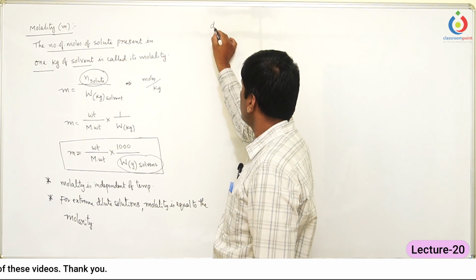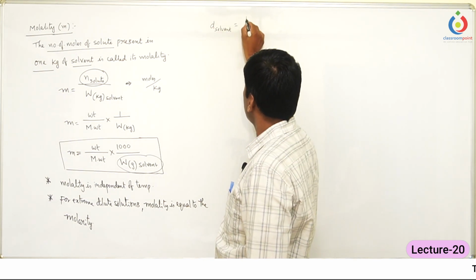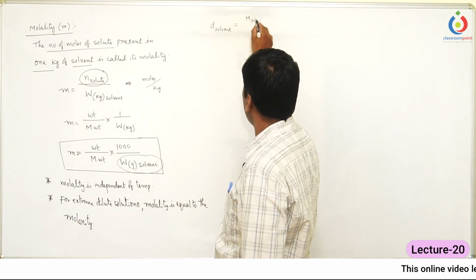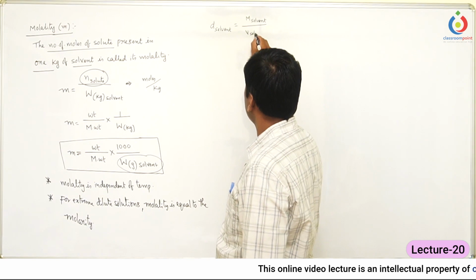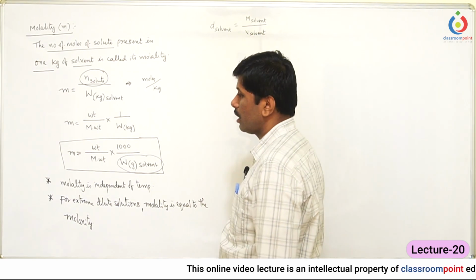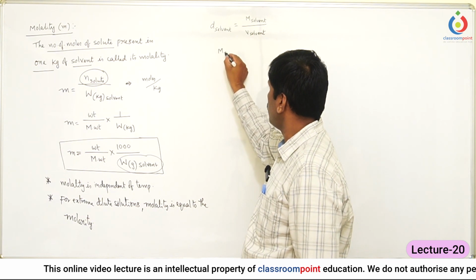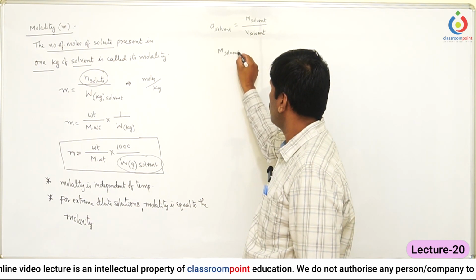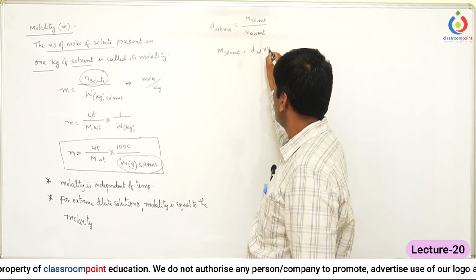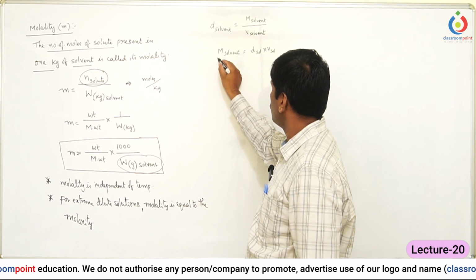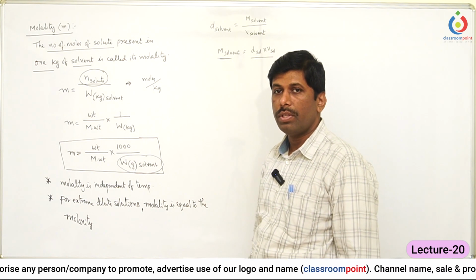We know that density of solvent is equal to mass of solvent divided by volume of solvent at that particular temperature. So mass of solvent is equal to density of solvent into volume of solvent. So instead of the mass of the solvent, we can use density into volume of the solvent.